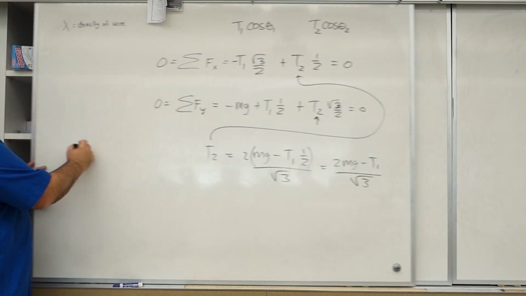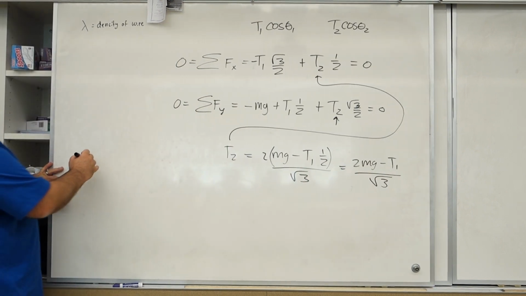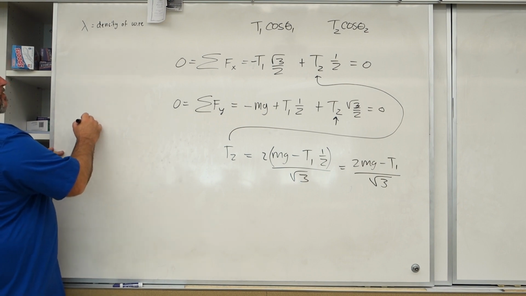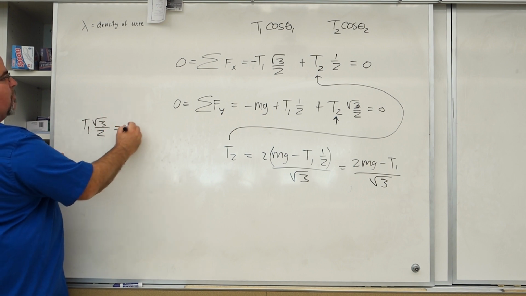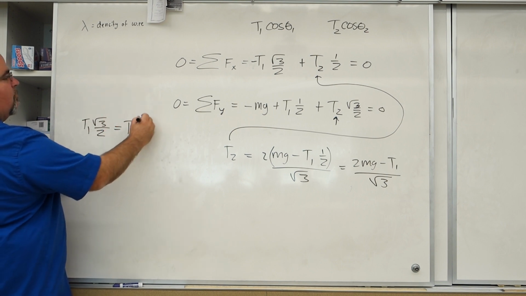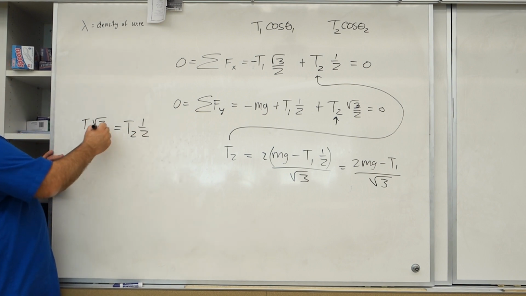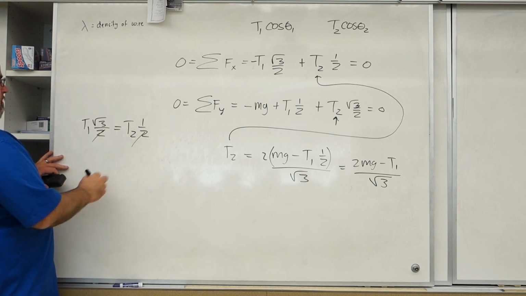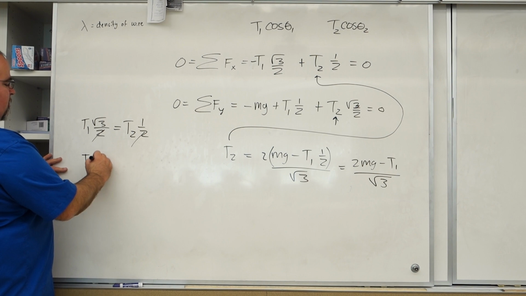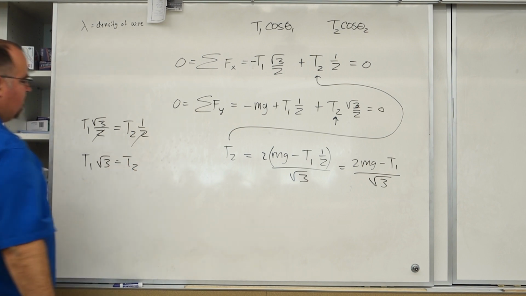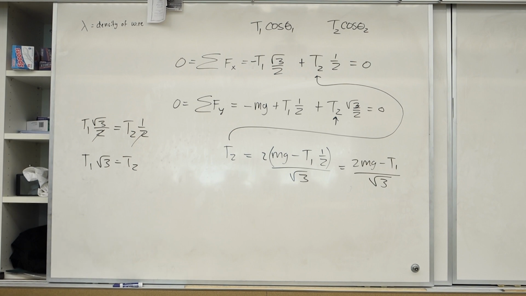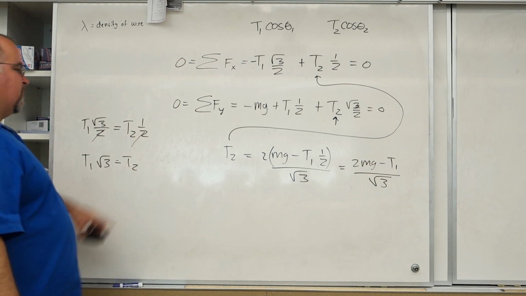T1, 3/2 equals T2, 1/2. Well, we can see right there, we can get rid of this 2. And that just leaves T1 equals root of 3 over T2. Well, that's kind of nice, because that's going to get rid of that square root when I substitute in.